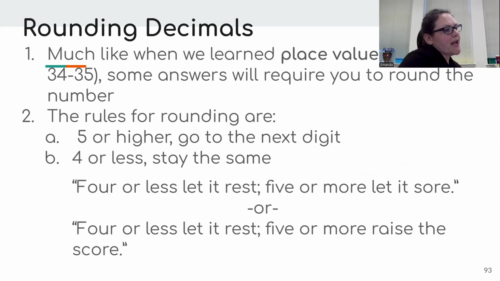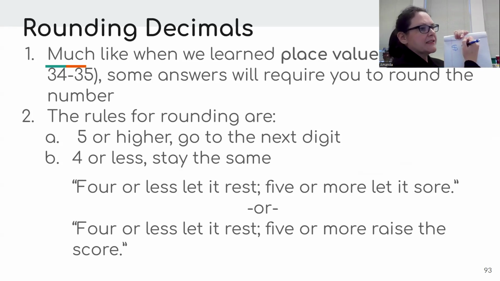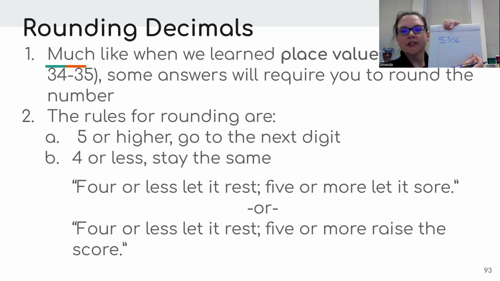Let's round to the nearest dollar. It's all money. Let's do $3.56, and we're going to the nearest dollar. Is this going to go up or down? 5 or more, raise the score. So it's going to go up to $4.